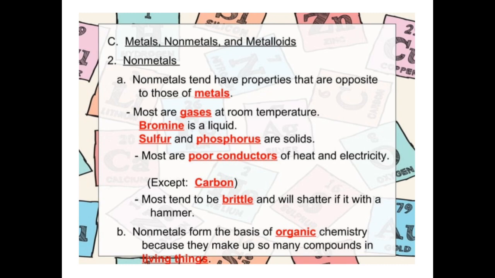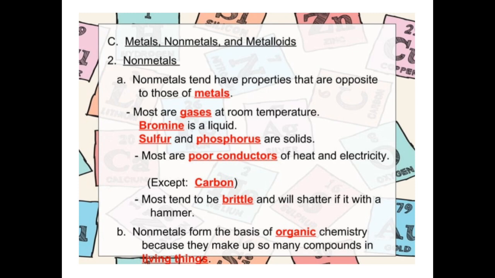Then you have non-metals as well. They have properties that are opposite to that of metals. They are not malleable, not ductile, not lustrous, and so they are poor conductors of heat and electricity. Most of them are gases at room temperature, with the exception of bromine, which is a liquid, and sulfur and phosphorus, which are solids.